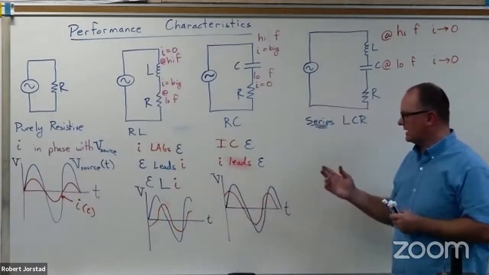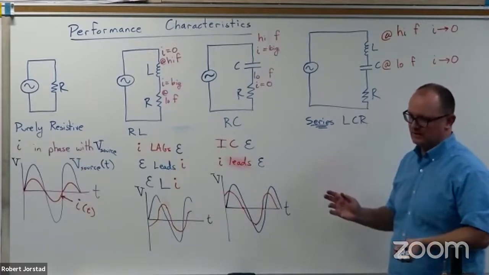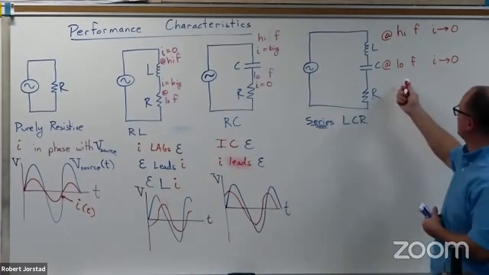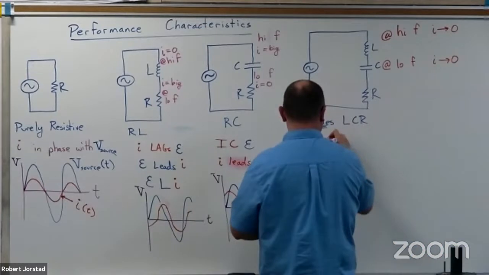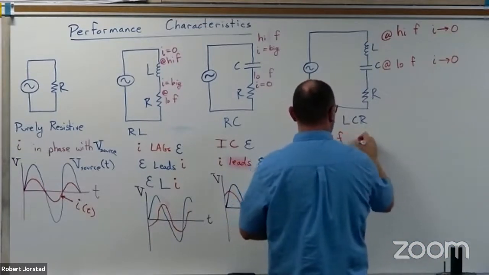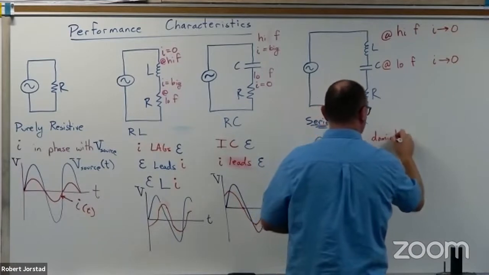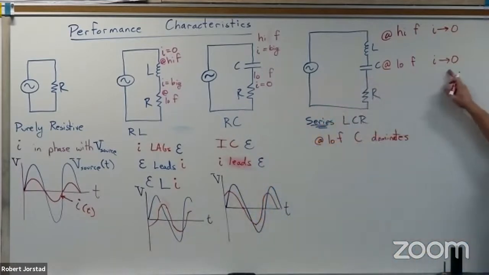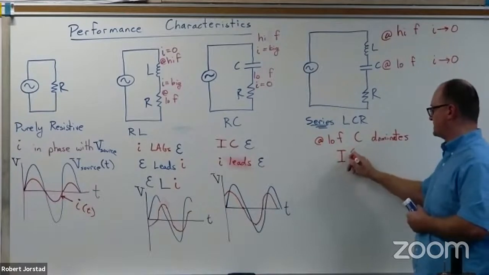It turns out in this case, depending on what frequency you use, one of these circuit elements will dominate. So at low frequencies, the capacitor is shutting down current flow. It's dominating the circuit. So at low frequencies, it's capacitively dominated.